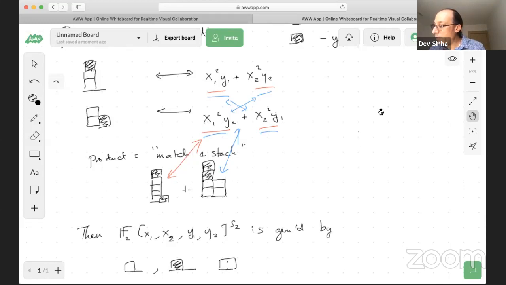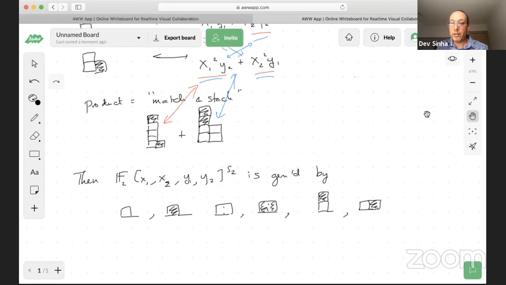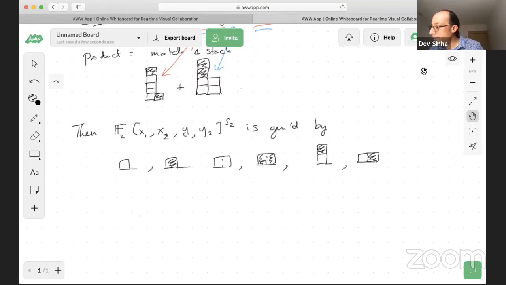These are your standard symmetric polynomials, sigma 1 and sigma 2 and x and y, if you will. But now we also have 2 more. Okay, and the relations are, let's just call these A, B, C, D, E, F.